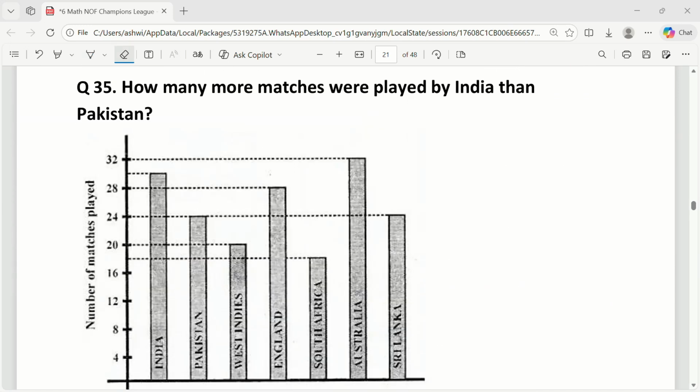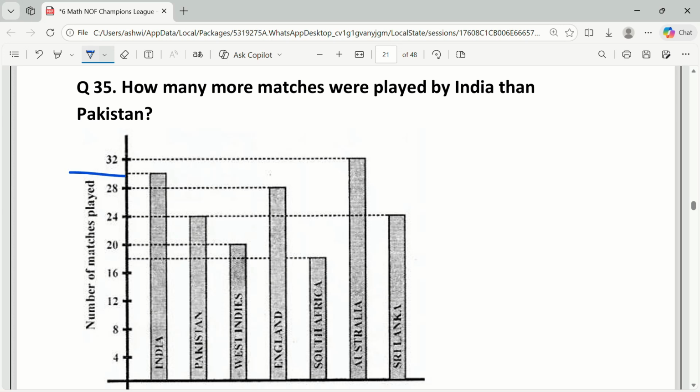How many more matches were played by India than Pakistan? Looking at the bar graph, we can see India is somewhere between 28 and 32, that is at 30. So the matches played by India are 30.